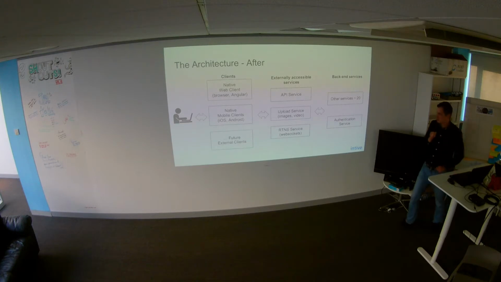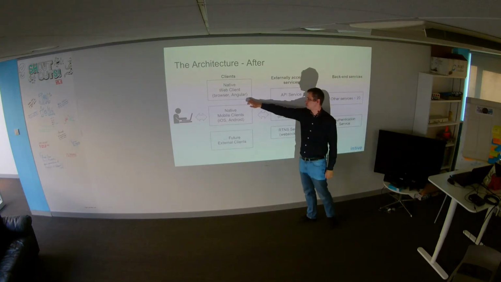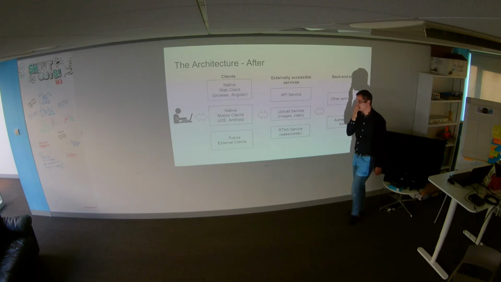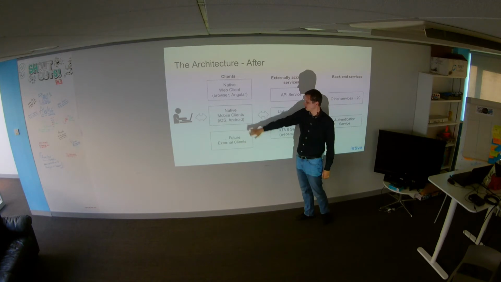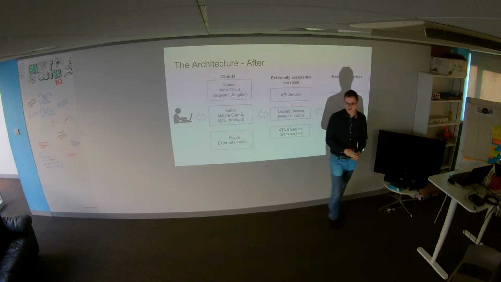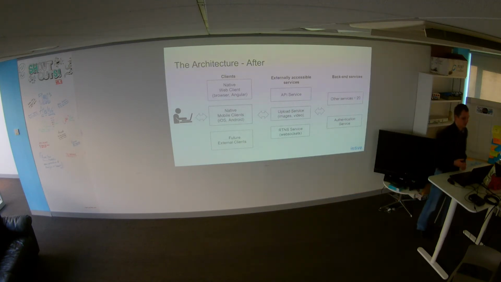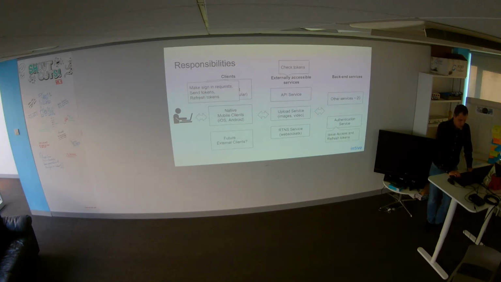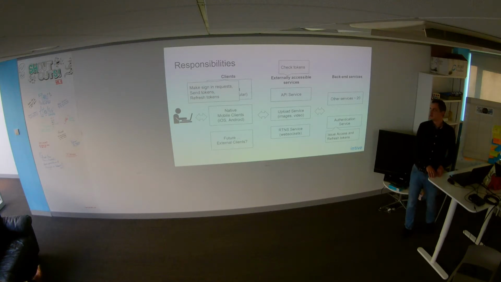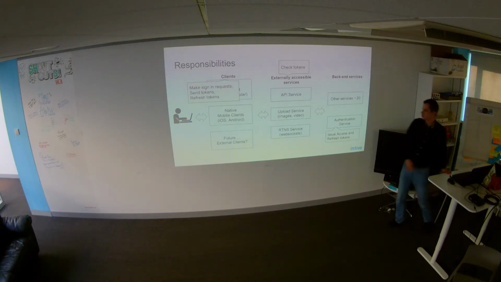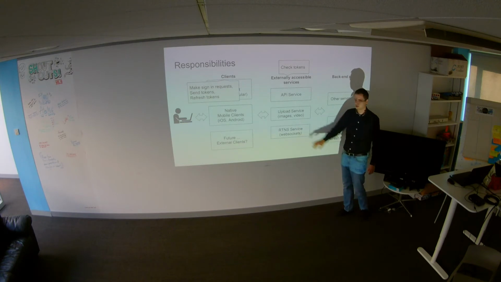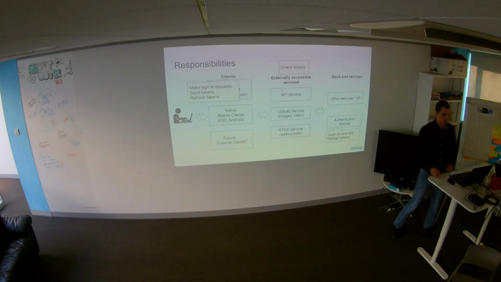And we changed all our front-end to Angular. This was, let's say, ready in 7 months. And native clients were finally prepared, and we are actually ready for external clients, but we didn't have any yet. When it comes to responsibilities and the tokens, clients have to make a sign-in request, send the tokens, send the refresh tokens, etc. All those services need to validate tokens, so check the signatures and whether they are expired or not.